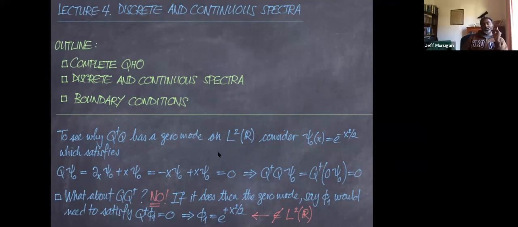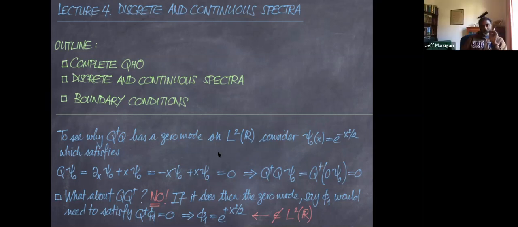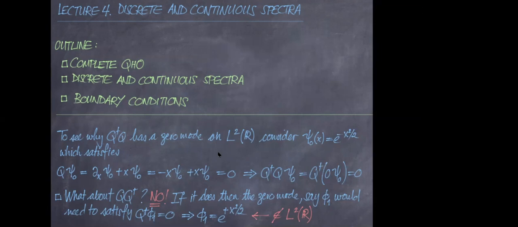Right, because Q and Q dagger are not independent operators, but they are in fact the adjoints of each other. The answer to your question is no. If I had two independent operators A and B, then I can't necessarily say that AB phi equals 0 means that B phi equals 0. But Q and Q dagger are not independent operators.